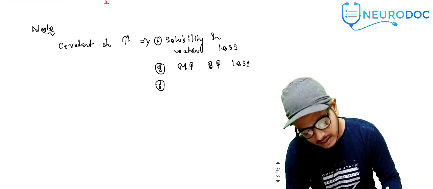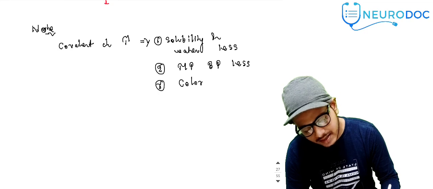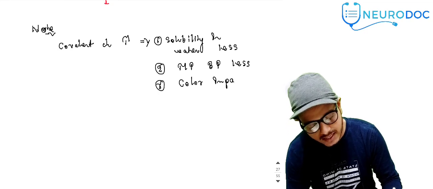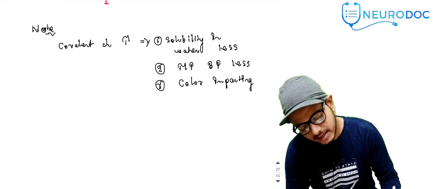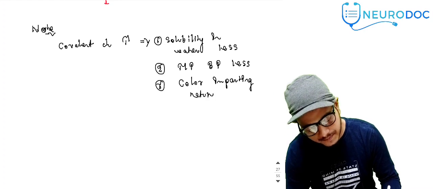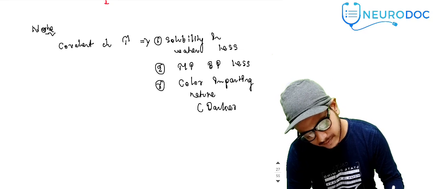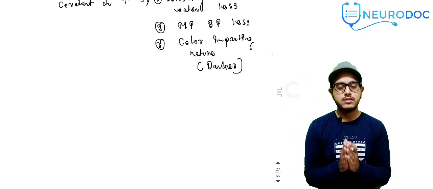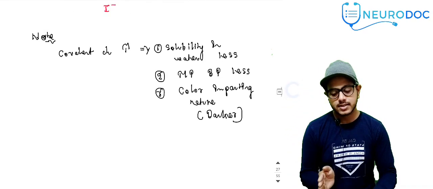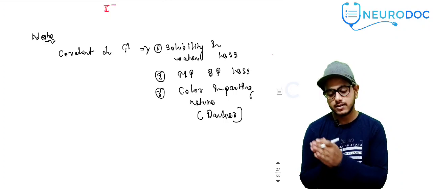Number 3, they will have color imparting, means color giving, color imparting nature. I can write they are darker. So these are the 3 things associated with covalent character.